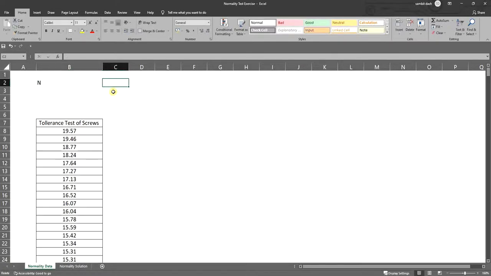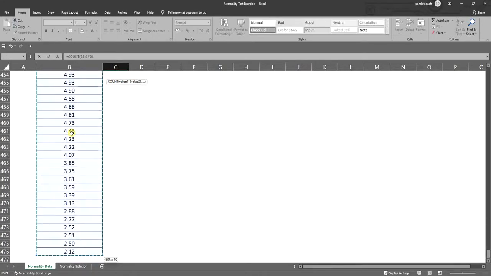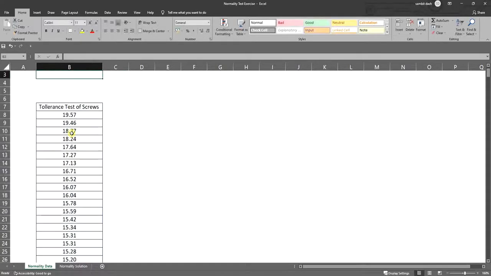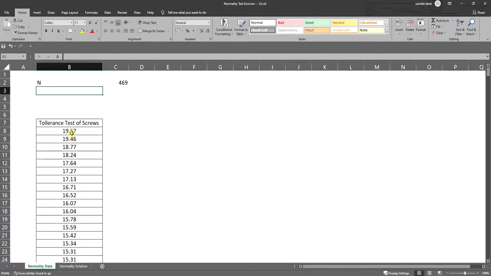So first, let's take the n, which we can simply take as a count here. I've taken just a count of this, and this calculates all the quantitative values. That is 469.